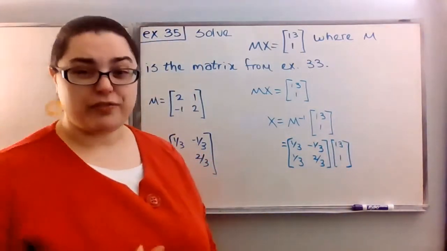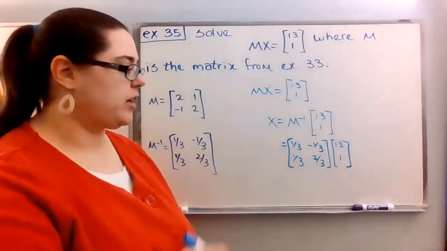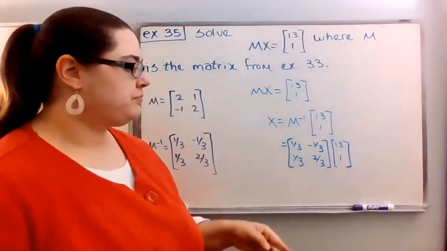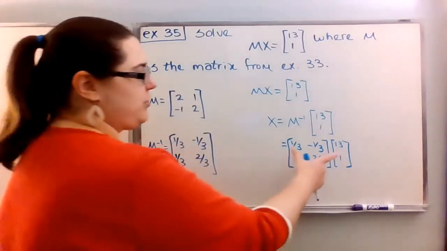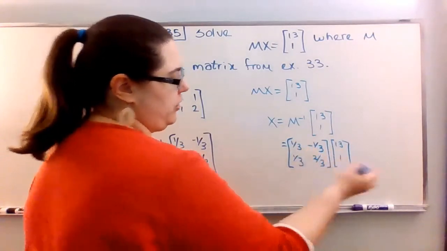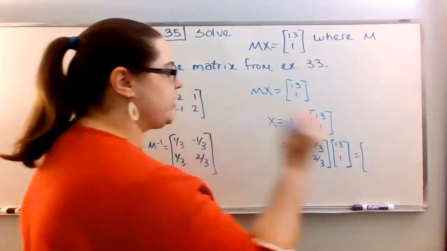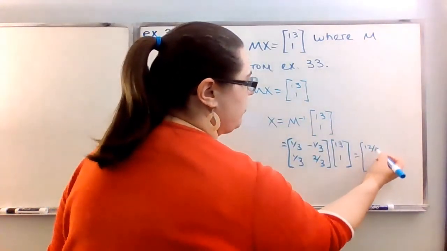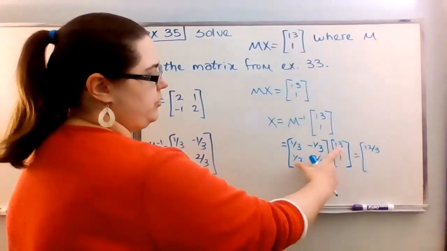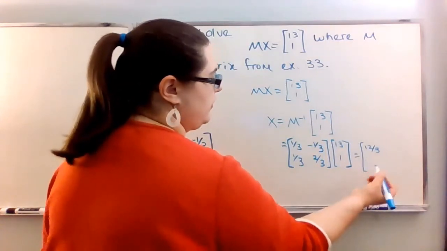Now, when I'm dealing with fractions, I like to keep the denominator in place until I'm all done with my multiplication, and then I'm going to reduce. So this is going to give me 13/3 minus 1/3. So 13 minus 1 is 12, so that's going to give me 12/3. And then I'm going to do 13/3 plus 2/3, which is 15/3.